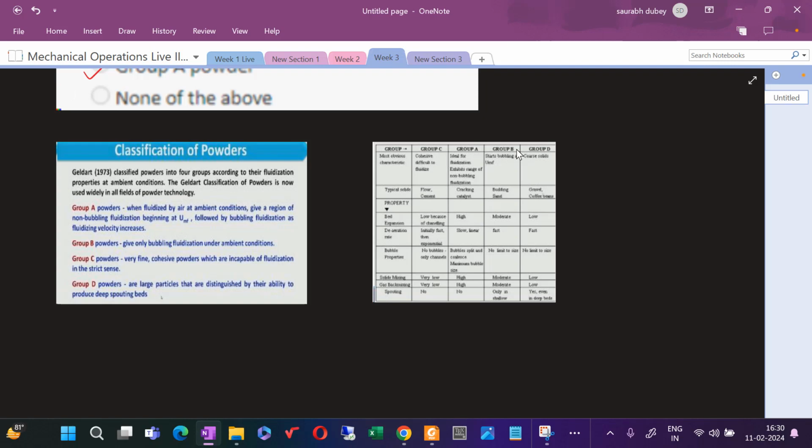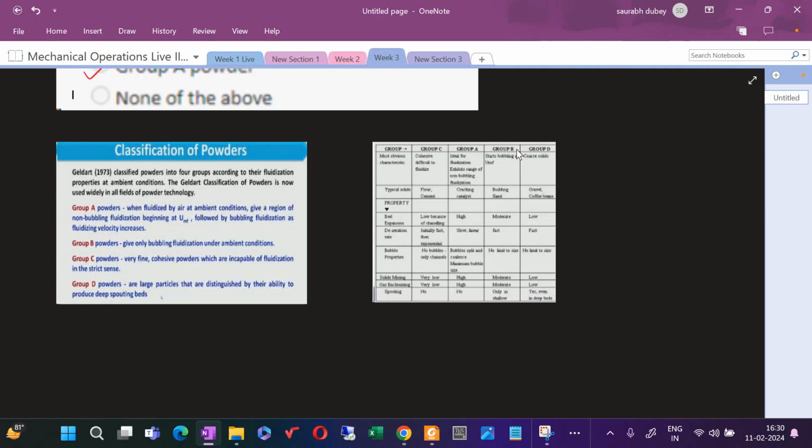cohesive powder which is incapable of fluidizing in the strict sense. If the powder is very fine and cohesive, then it will be incapable of fluidizing.